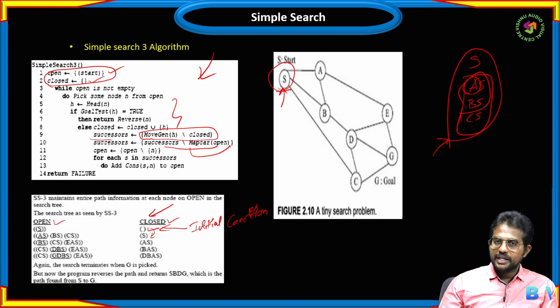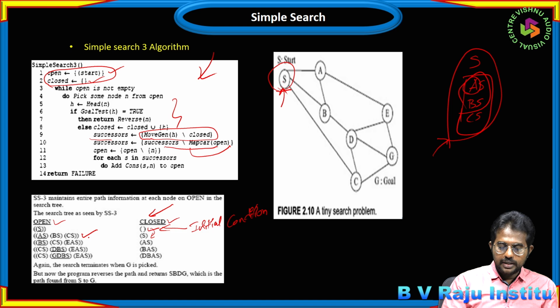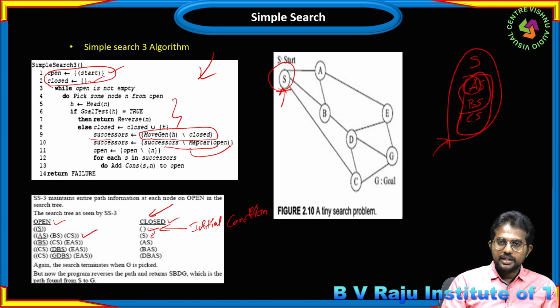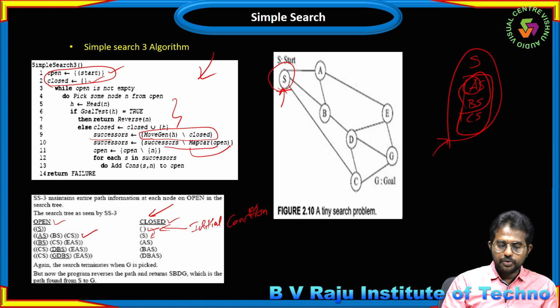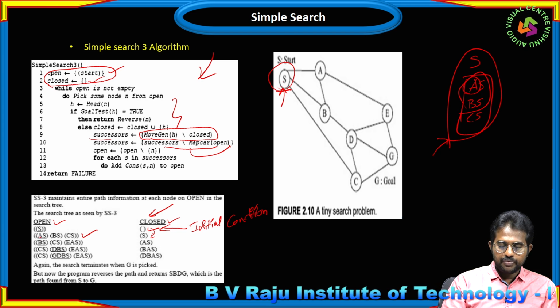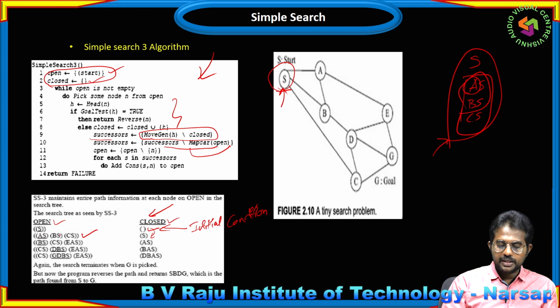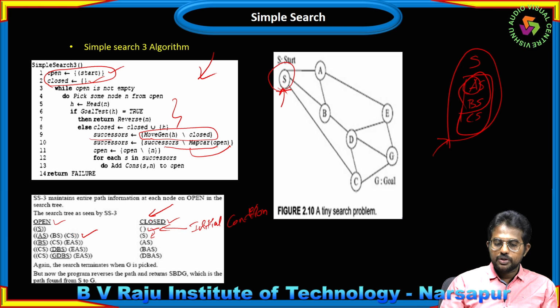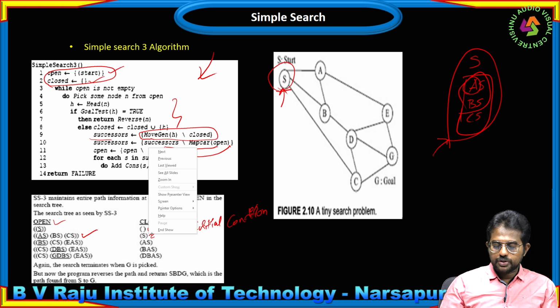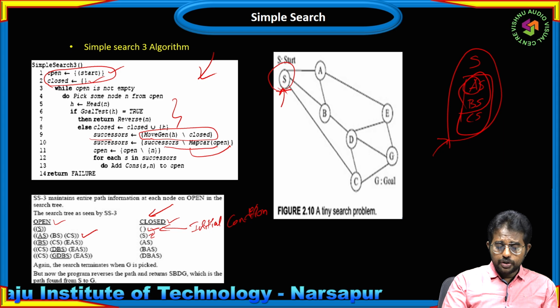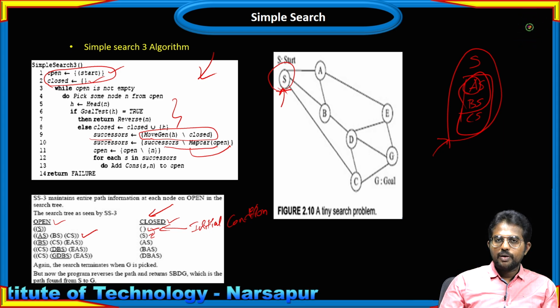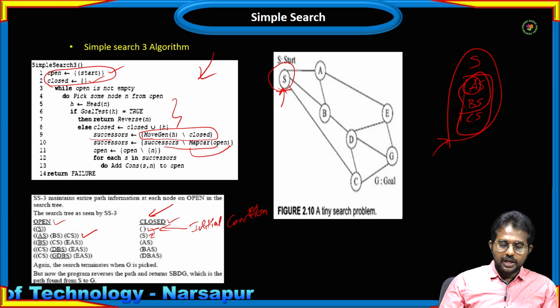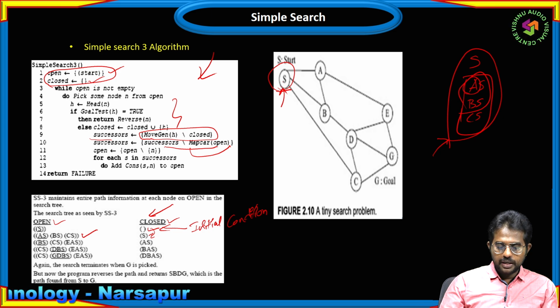Instead of adding A, B, C, we will add AS, BS and CS, because we come to A using S. That is why AS has come, similarly BS and CS. S will be added to closed. After this step, open will have three elements: the A node, B node and C node.